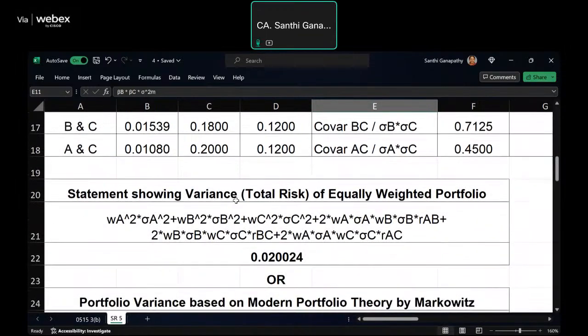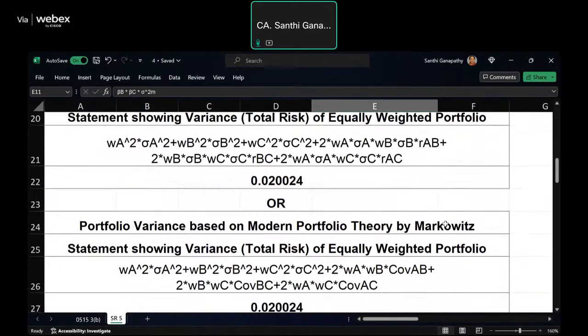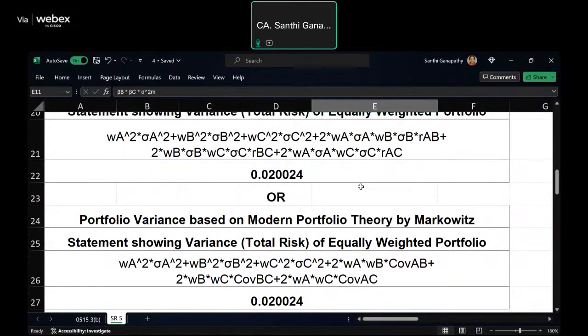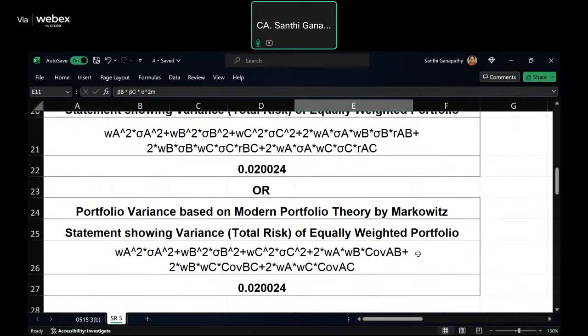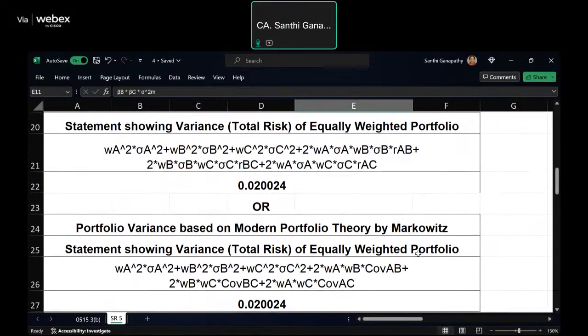We know that for variance, we can use the formula where you take 2 WA WB sigma A sigma B correlation AB, or in that place of sigma A sigma B correlation AB, you can use covariance of AB.